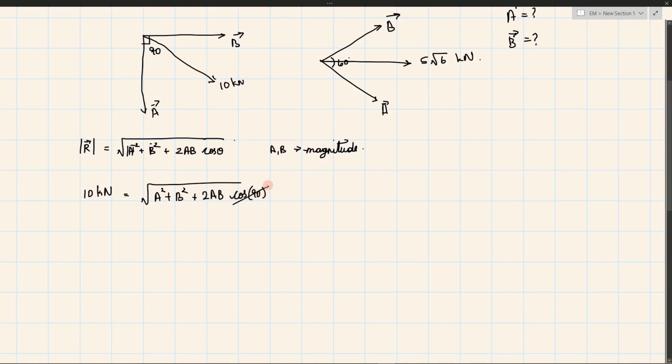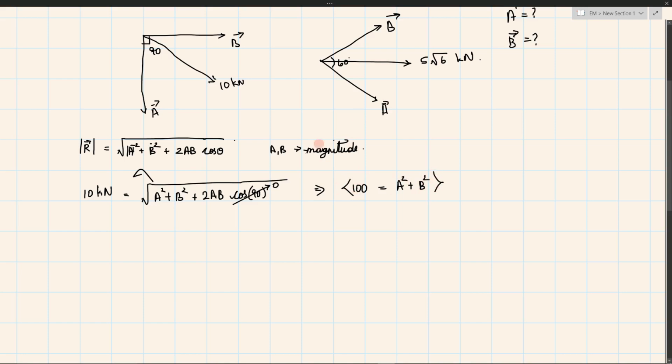We know that cos 90 is equal to 0. If I shift the square root to the left hand side, I'll have 10 square, that is 100, equal to A square plus B square.